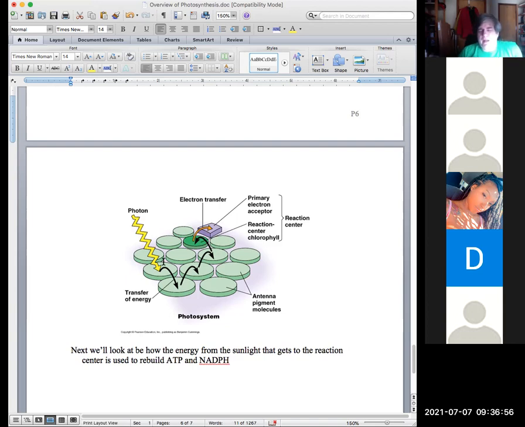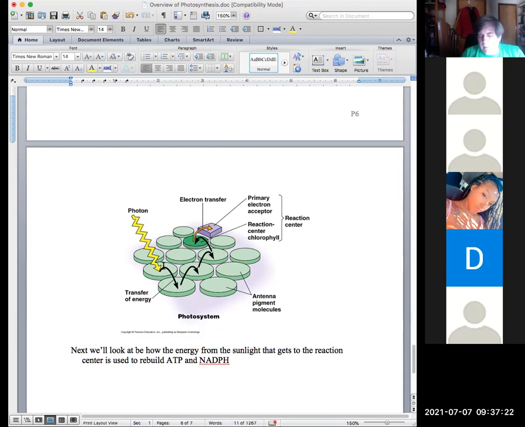And when the electron absorbs some of the solar energy, it passes that energy to an electron in the next pigment molecule. And that passes it to an electron in the next pigment molecule, and that passes it to an electron in the next pigment molecule, until finally it gets to the first chlorophyll A in the reaction center.